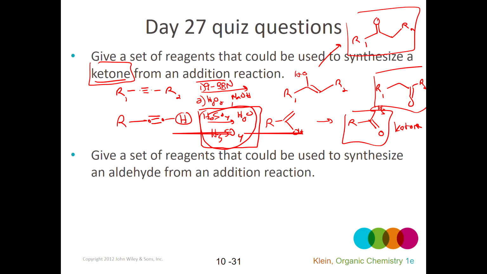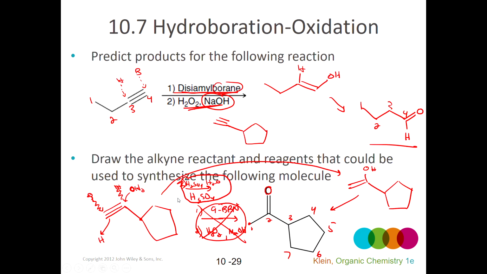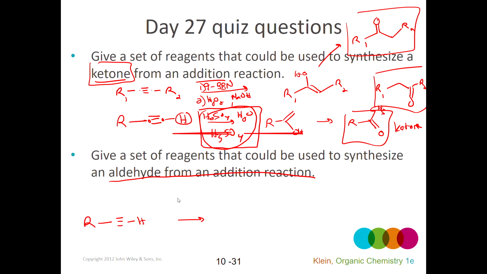If I want to make an aldehyde from an addition reaction, there's really only one way to do that. I've got to start with a terminal alkyne, and I have to use anti-Markovnikov conditions. So either the diisoamylborane or the 9-BBN. I like that one because it's easier to remember, and it also takes less time to write.